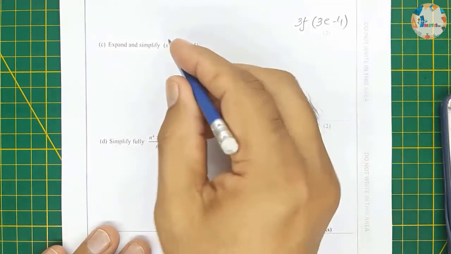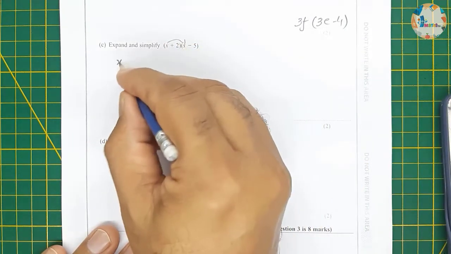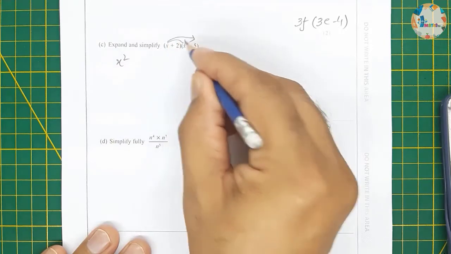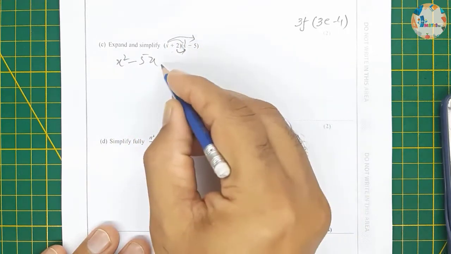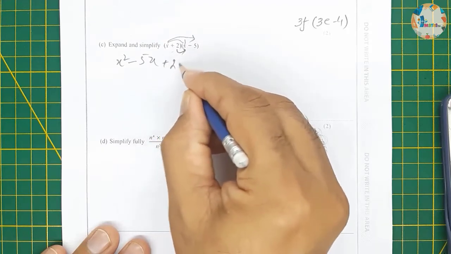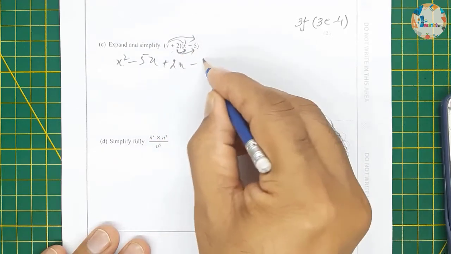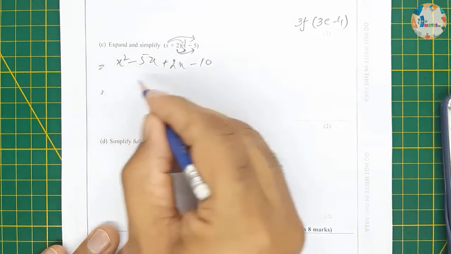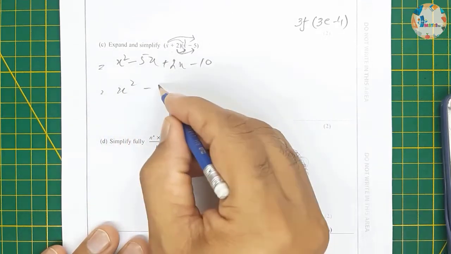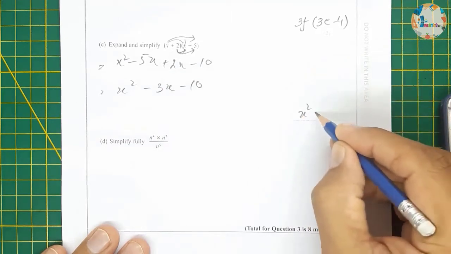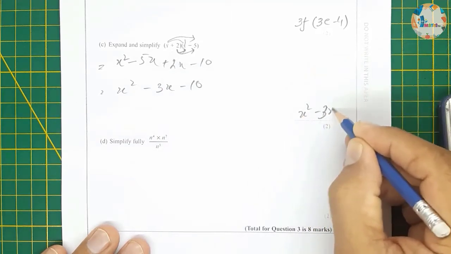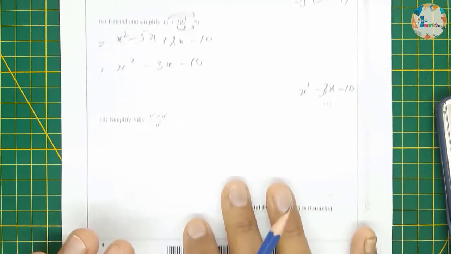Expand and simplify: multiplying x with x will be x square, x with minus 5 will be minus 5x, then 2 with x will be plus 2x, and 2 with minus 5 will be minus 10. Adding the like terms, this will give us x square minus 3x minus 10.